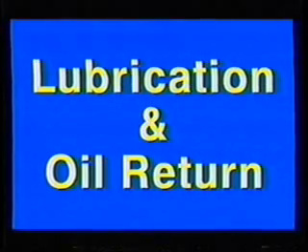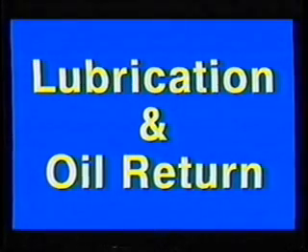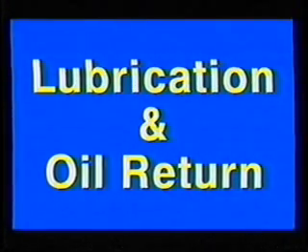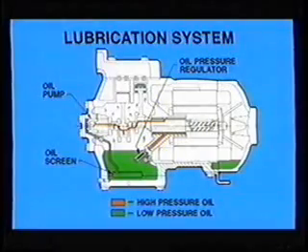Internal lubrication and oil return systems. To better understand the function of the compressor and to enhance your ability to service and diagnose compressor problems, you should know how the internal lubrication and oil return systems on the O6D and O6E compressors function. Although different in size, the O6D and O6E compressors use similar lubrication systems.